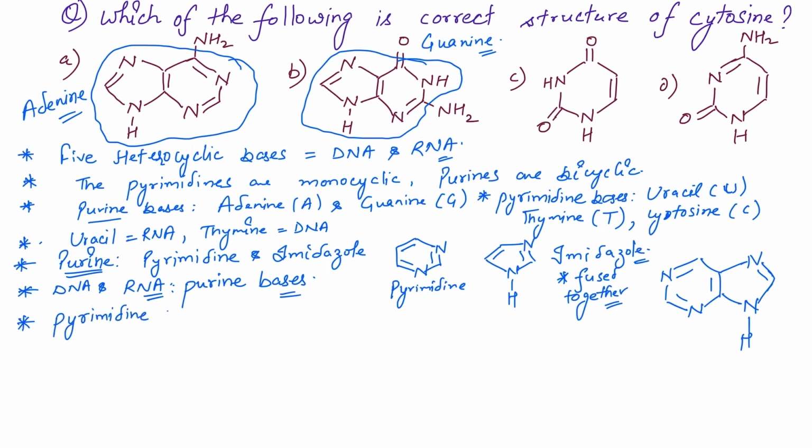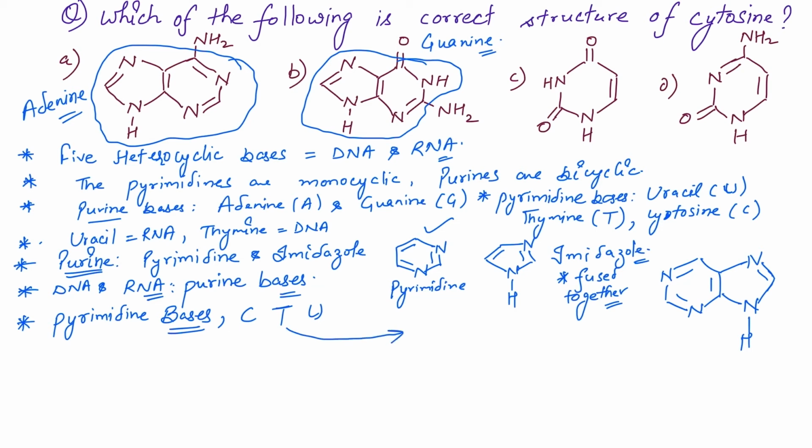Now let's move on to pyrimidine bases. Now pyrimidine bases, again we have already drawn the structure of a pyrimidine molecule. If you remember, we have already drawn the structure of pyrimidine. So basically pyrimidine bases are cytosine, thymine and uracil, and you can learn them by remembering CTU.